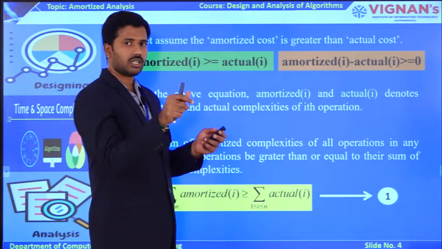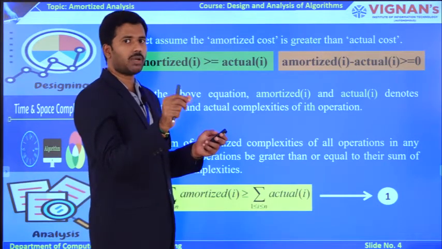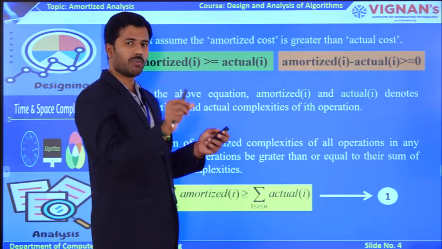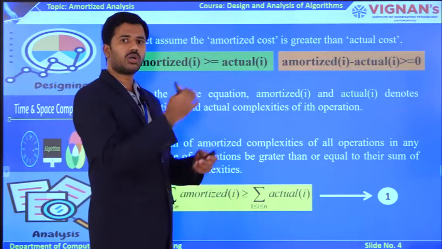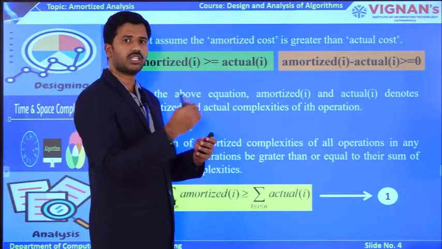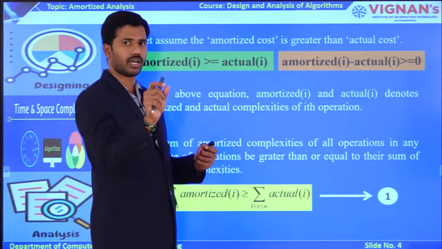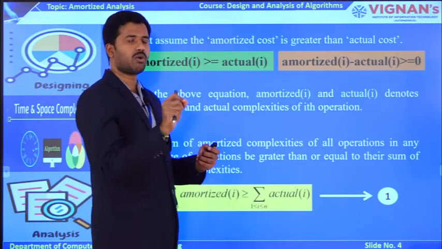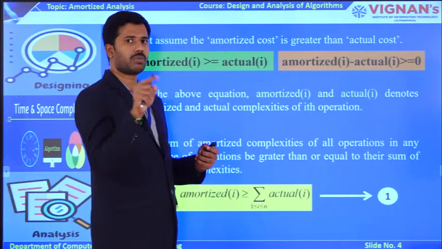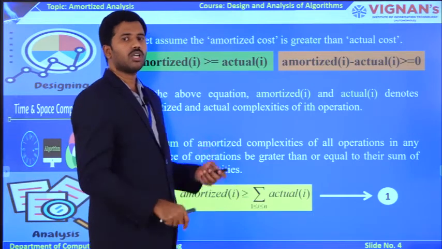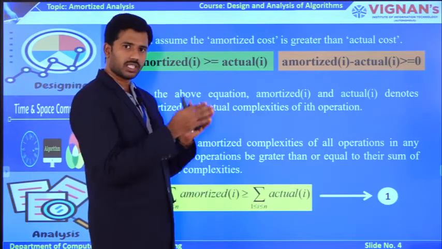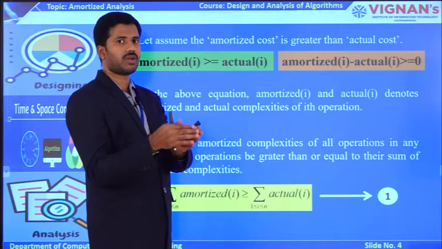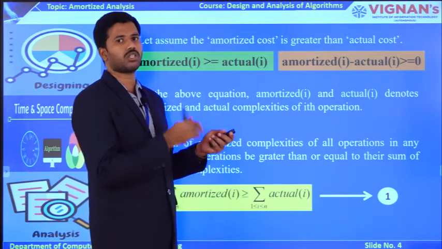To find the time complexity after performing the D1 operation, I need to carry the cost of the deletion operation as well as the previous cost. Then only can I conclude the total time complexity of that sequence is 10. D1 occupies 8, I1 and I2 occupy 1 plus 1, so 1 plus 1 plus 8 is 10. So you require a potential function to understand the differences between amortized cost and actual cost as well as the previous instructions' cost.